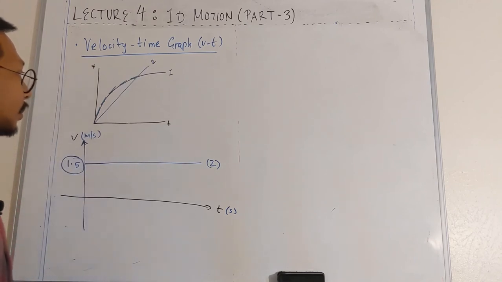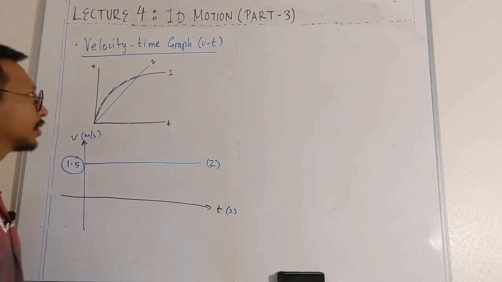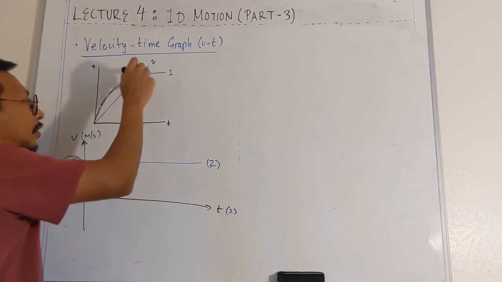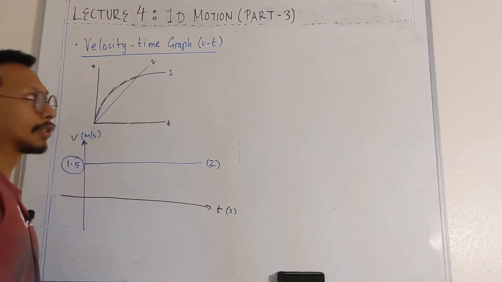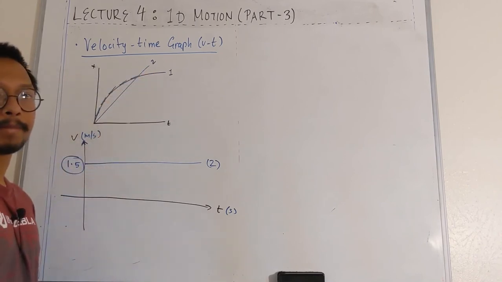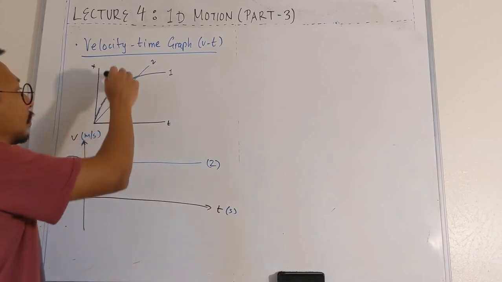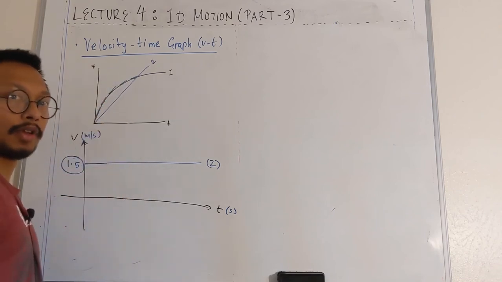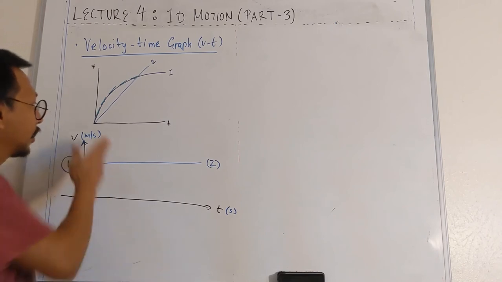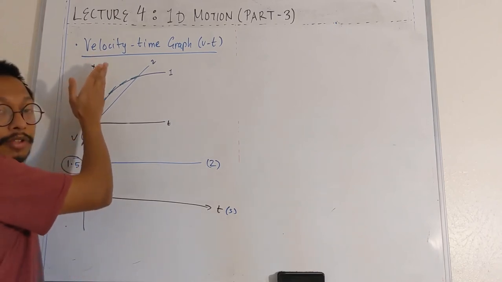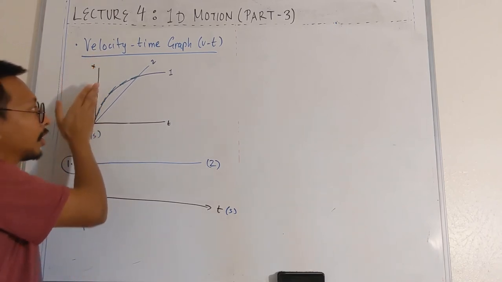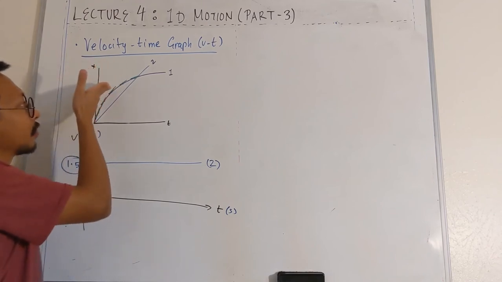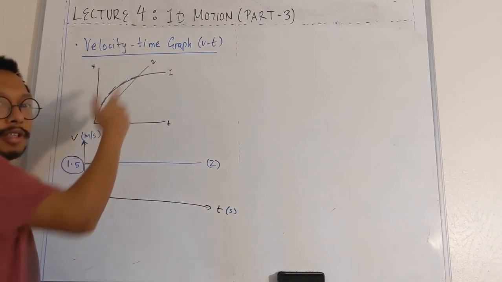Flattening out of tangents means that the slope of the curve was decreasing as time went on. Slope decreasing means that you have a decreasing velocity. So you started with a very steep slope, that means you started at a very high velocity, person 1 did actually, and then as time went on, the velocity of person 1 started decreasing.